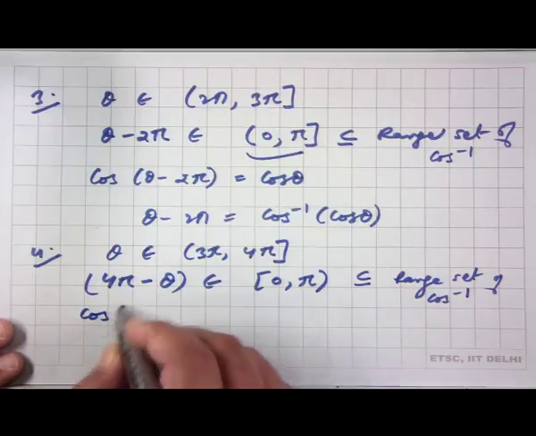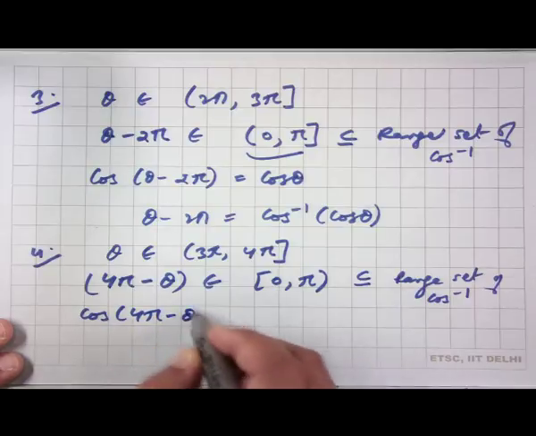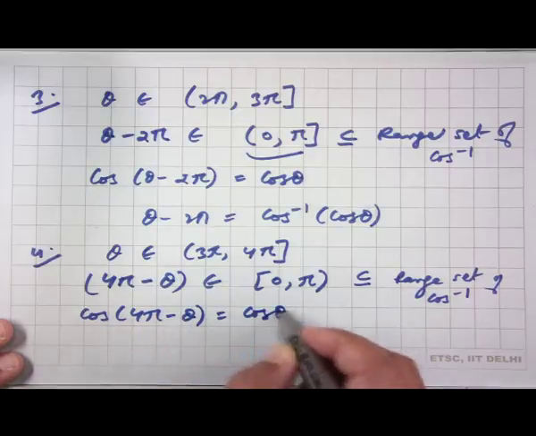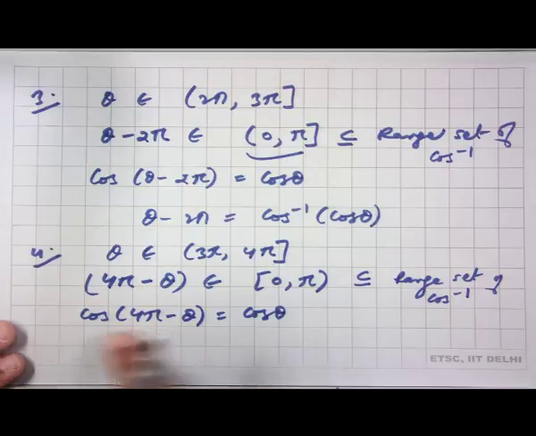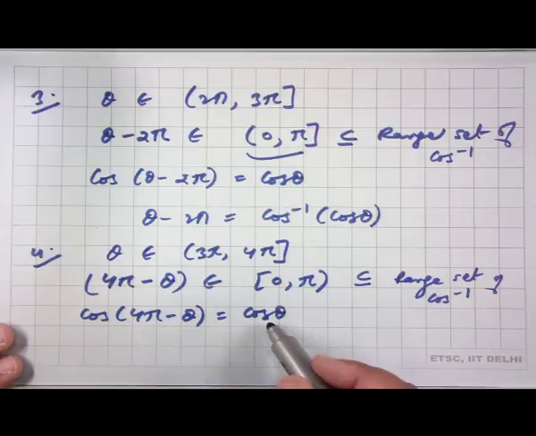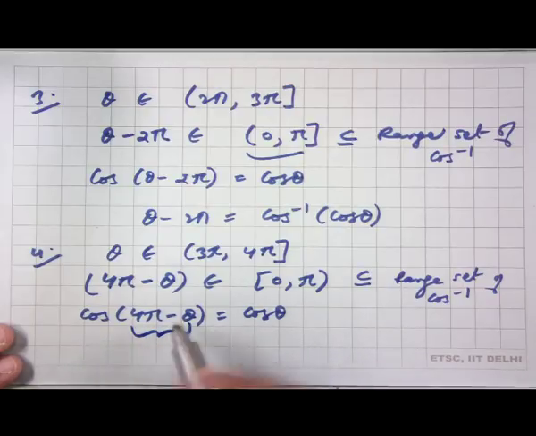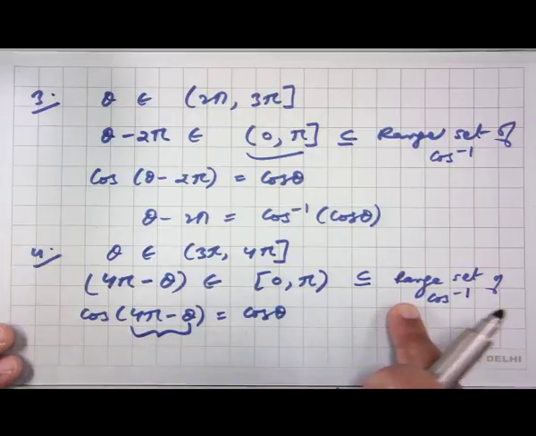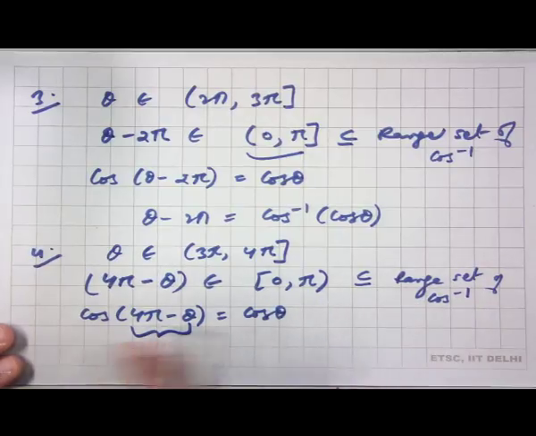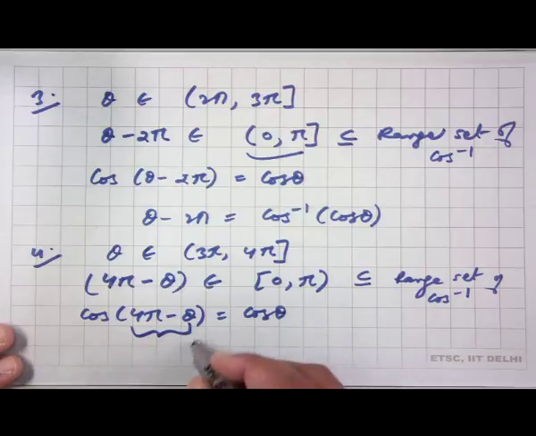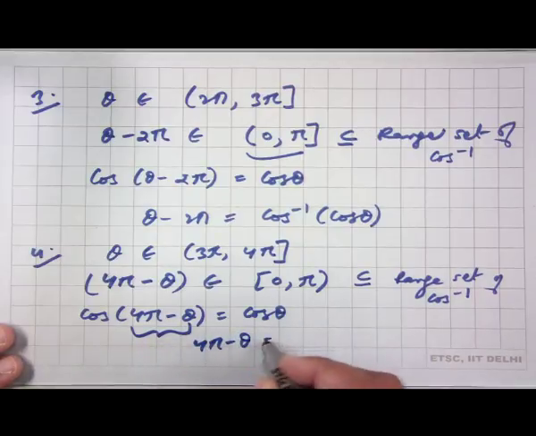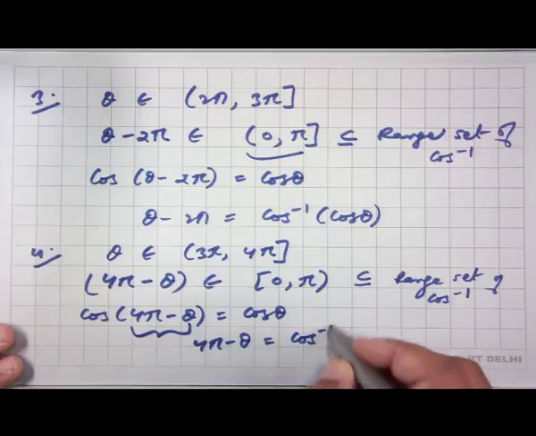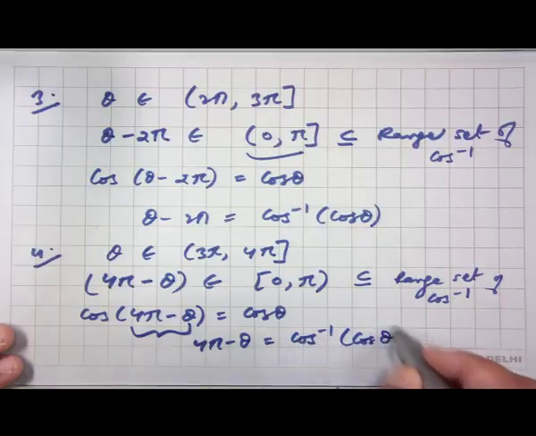Further, cos of 4 pi minus theta is equal to cos theta, again because of the periodicity of the cosine function. This angle belongs to the range set of cos inverse, and therefore 4 pi minus theta is equal to cos inverse of cos theta.